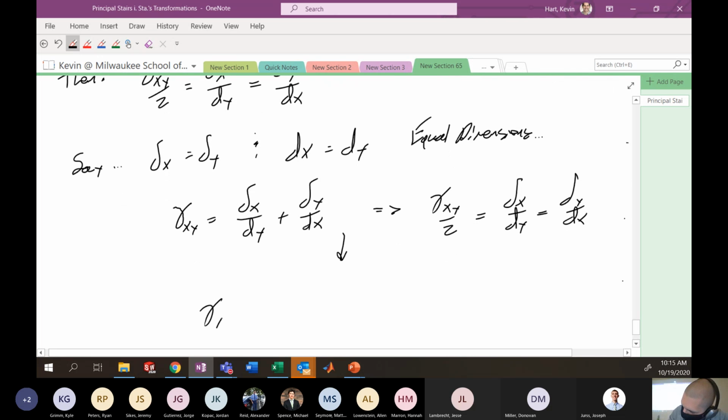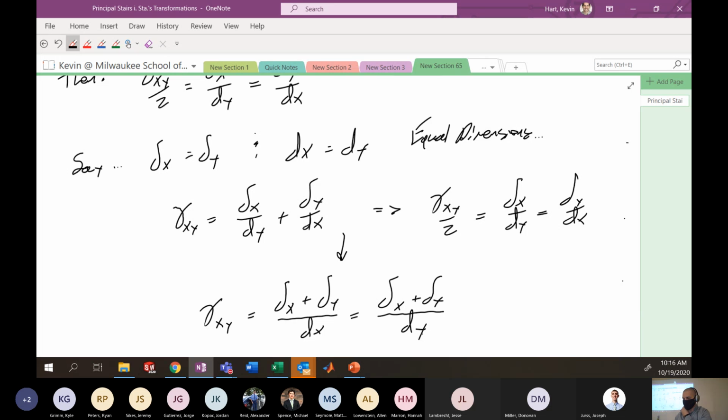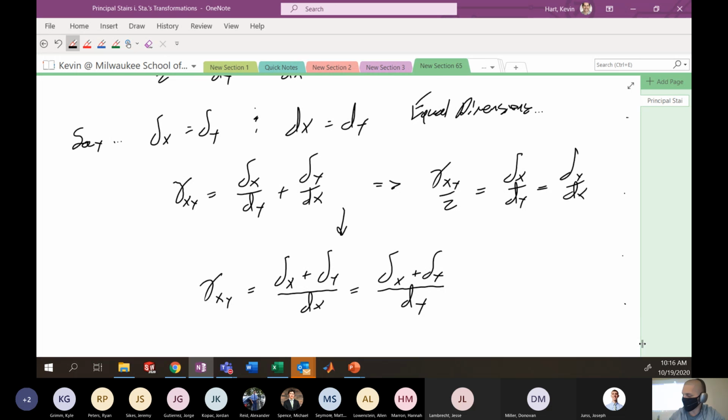And you might see this as, since the denominator is the same, change in x plus change in y over the original dx. Same thing as these changes in lengths over dy. So these are a lot of different variations in how you might see shear strain represented.